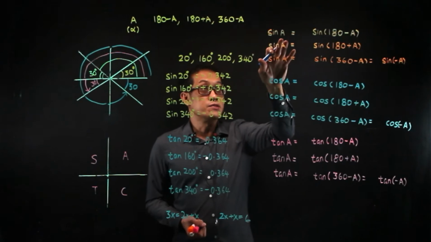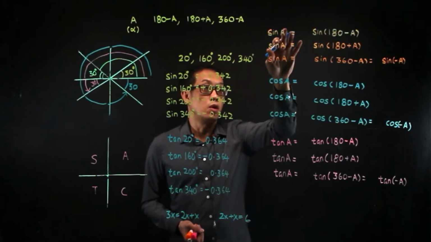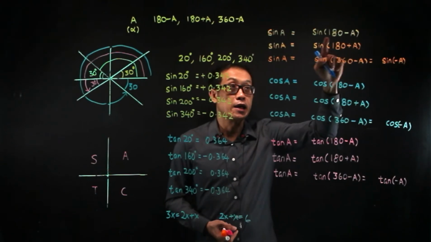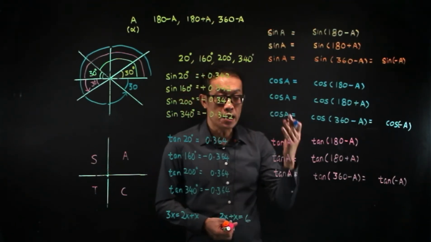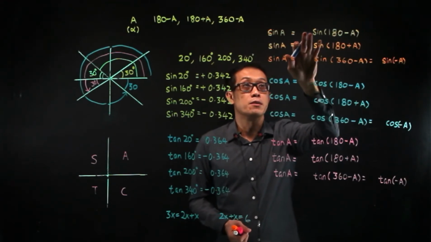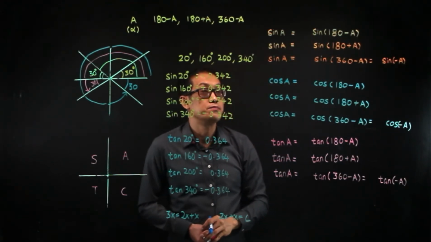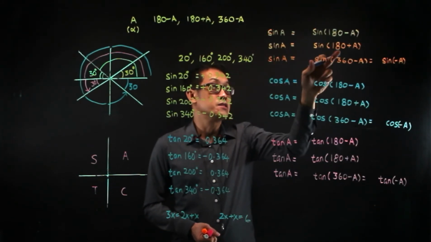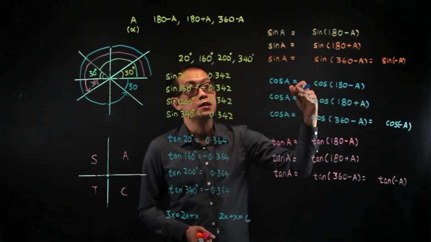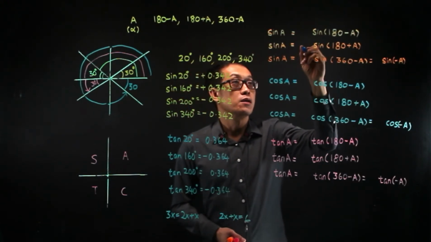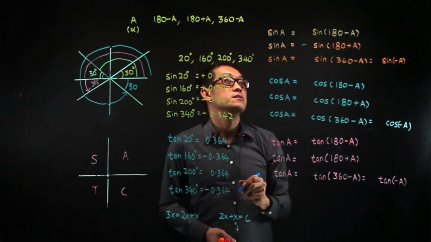Now look at this. If A is in the first quadrant, all these are A in the first quadrant. This will be in the second quadrant. So sine is positive in the second quadrant. So this is positive. Now look at this. Sine A is positive. This is in the third quadrant. So sine is negative there. So to make it equal, this is minus.